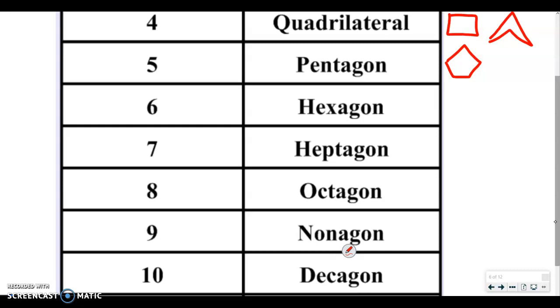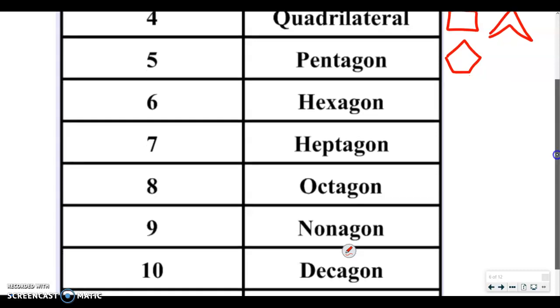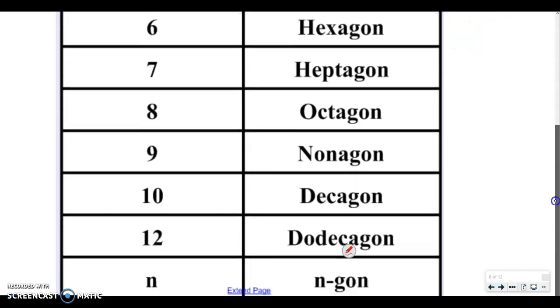Hexagon has 6. Heptagon has 7. 8-sided figure is an octagon. 9-sided figure is a nonagon. 10-sided figure is a decagon. 12 is a dodecagon.